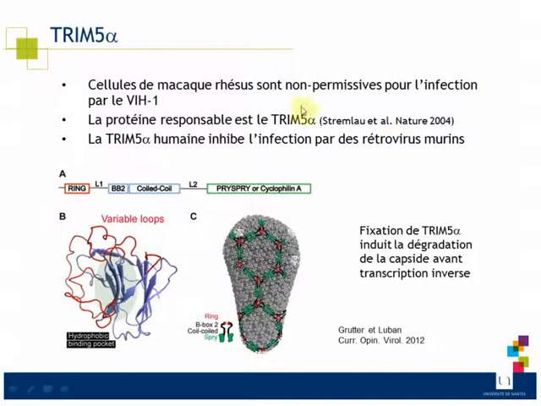It turned out to be TRIM5 alpha, and it has this kind of structure here. It's got a ring domain, coiled-coil domain. This causes a dimerization. And then this PRY-SPRY domain, which is the part of the molecule that binds directly to the retroviral capsid.